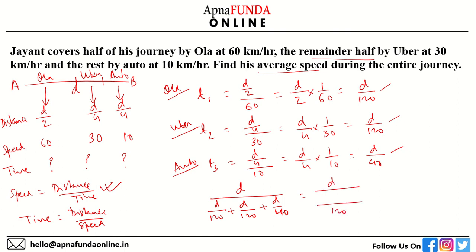We know the LCM is 120. So this will be d plus d plus 3d, which is 5d by 120. So this will be d into 120 by 5d. The d's cancel, 120 by 5, which is 24. The average speed of the entire journey is 24 km an hour. I hope you have solved along with me, and this is the answer that you will also get.